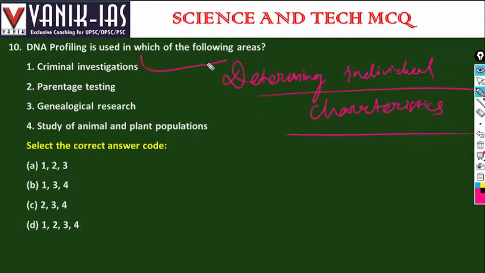Criminal investigation, yes. By knowing individual characteristics, criminal investigation can be done. Parentage testing, whether a particular person is the parent of a baby or not. Then genealogical research. And the study of animal and plant populations. What can be done in the case of genealogical medical research? So regarding genes, all the statements are correct regarding DNA profiling.